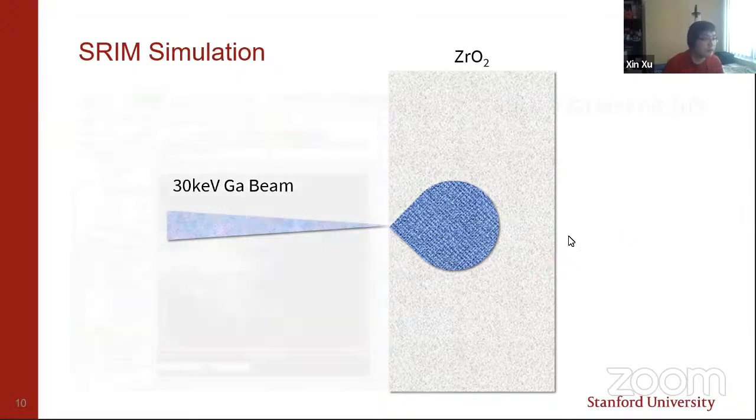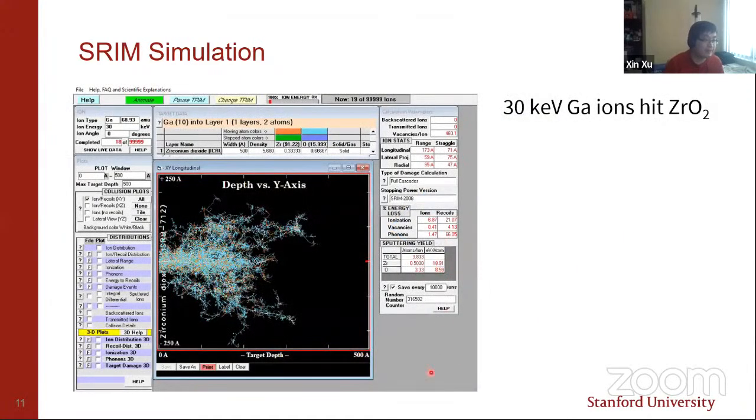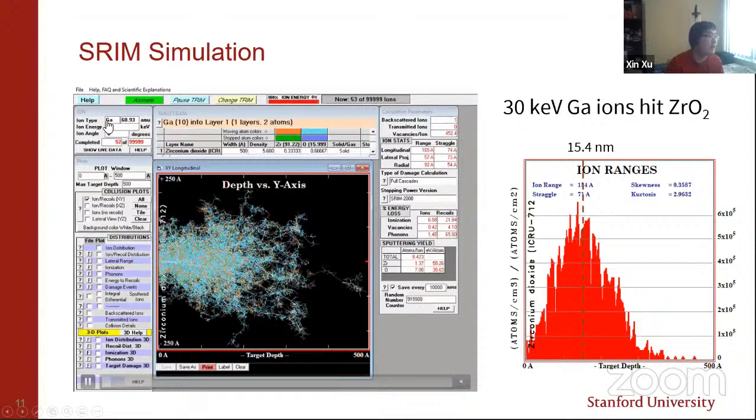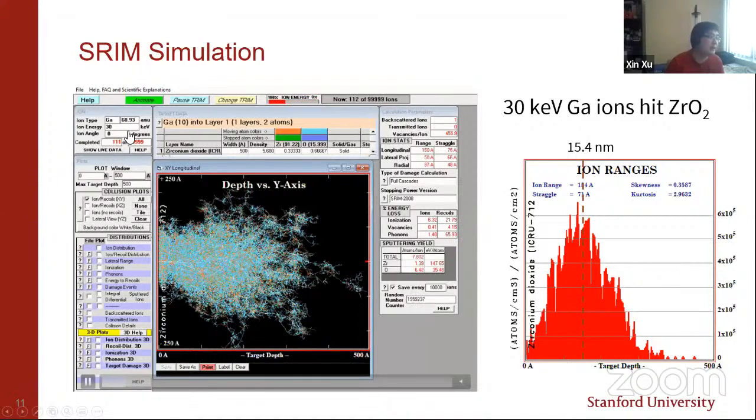I will run one of the simulations here. One moment. Okay, this is the interface of the software. You can input the parameters: the ions used, gallium, the ion energy, 30 kV, and also the angle at which the beam hits your sample surface.